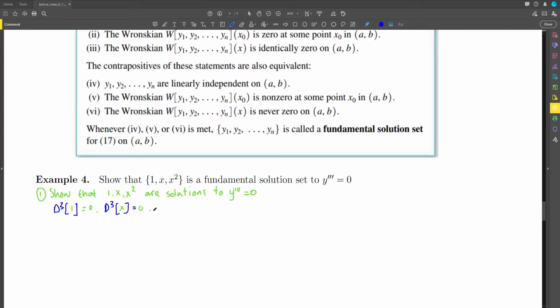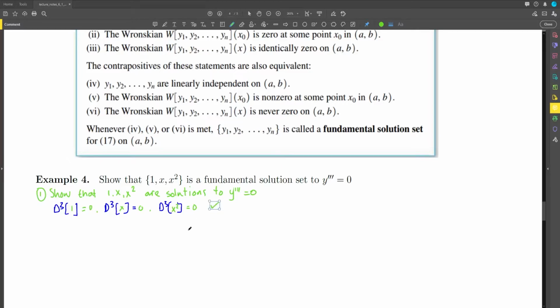And finally, the third derivative of x squared is 0 as well, because x squared goes to 2x, goes to 2, goes to 0.